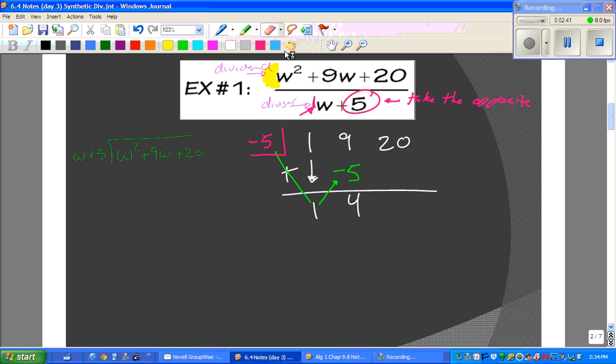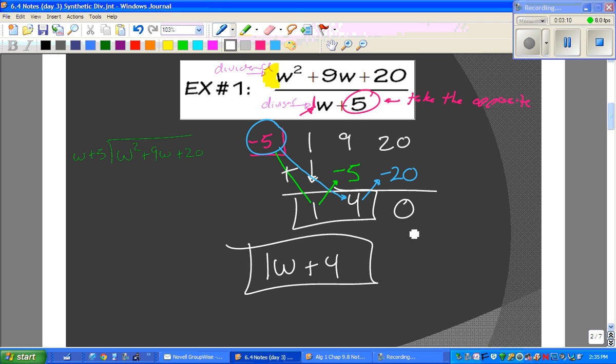Now we're going to do negative 5 times 4, which is negative 20. And then 20 minus 20 is 0. So what we're left with is w plus 4, and that's actually our answer, where it's 1w plus 4.